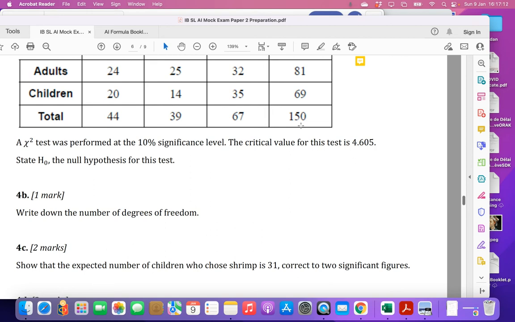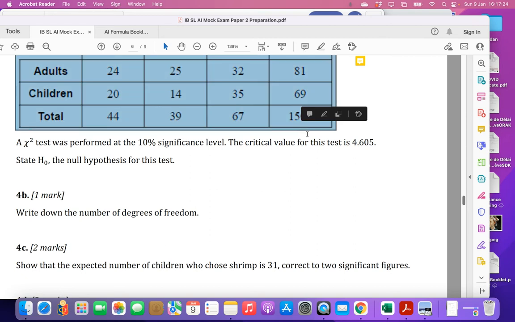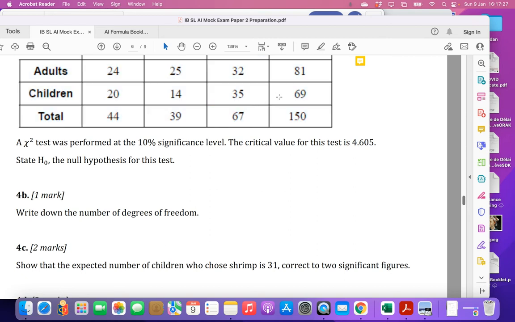We have to just know that this is based on proportions, probability. So row total times column total divided by the total. 69 times 67 divided by 150.